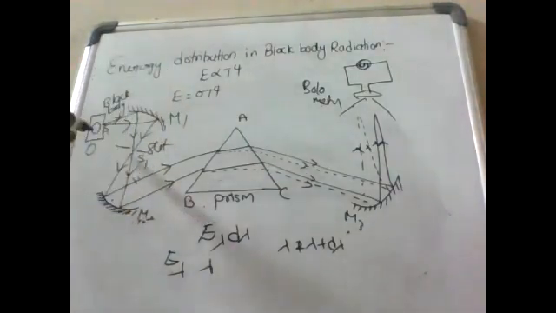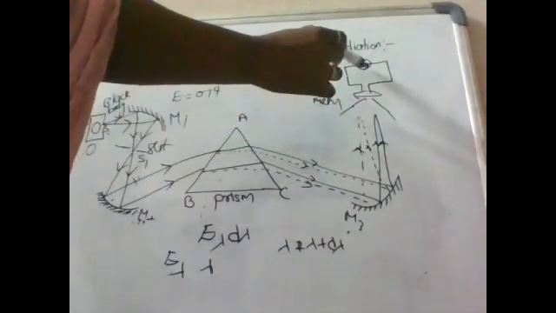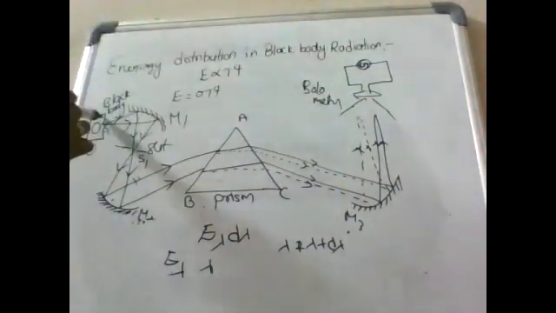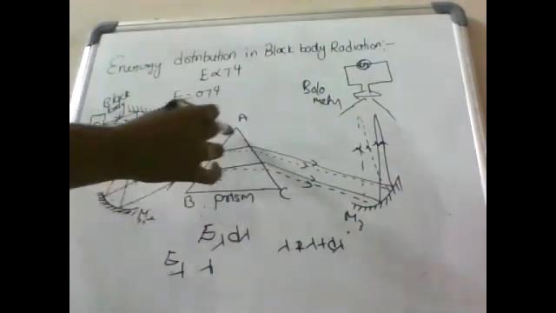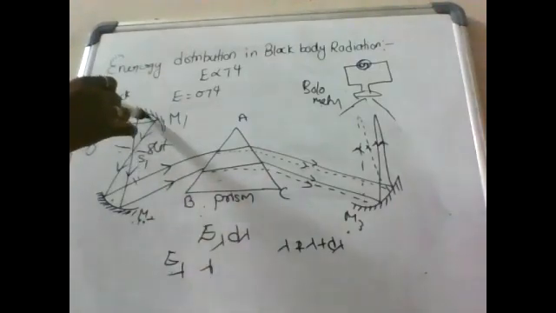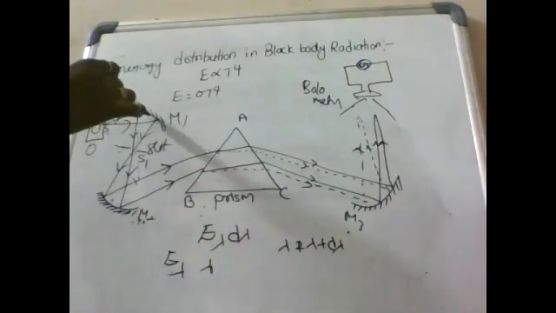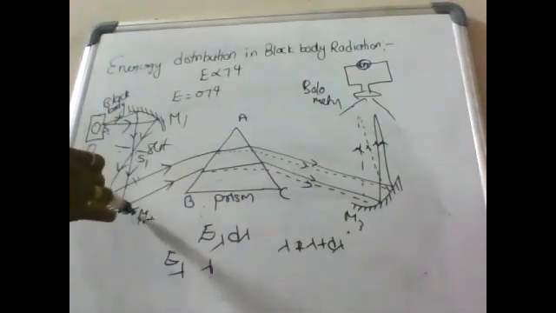So in this diagram, we have M1, M2 and M3 mirrors. Here the bolometer is connected with the galvanometer. Here is the black body at center O, and here we have the slit. This is the ABC fluorspar prism. Radiation from the black body is incident on M1 mirror, then through the slit S incident on M2 mirror.